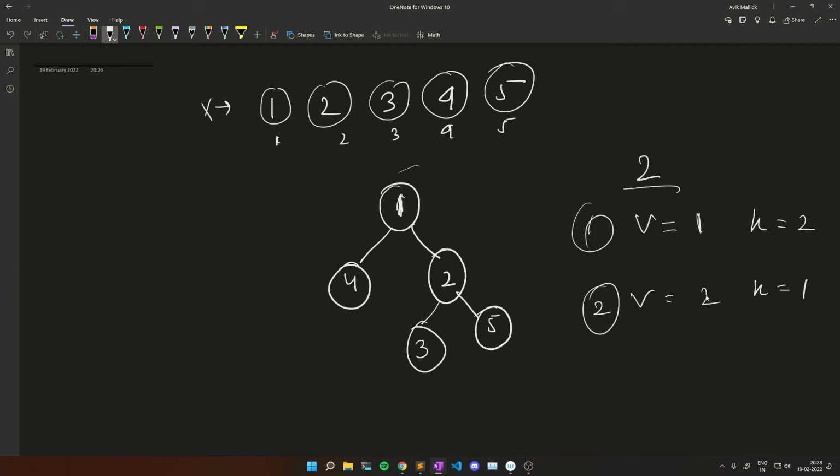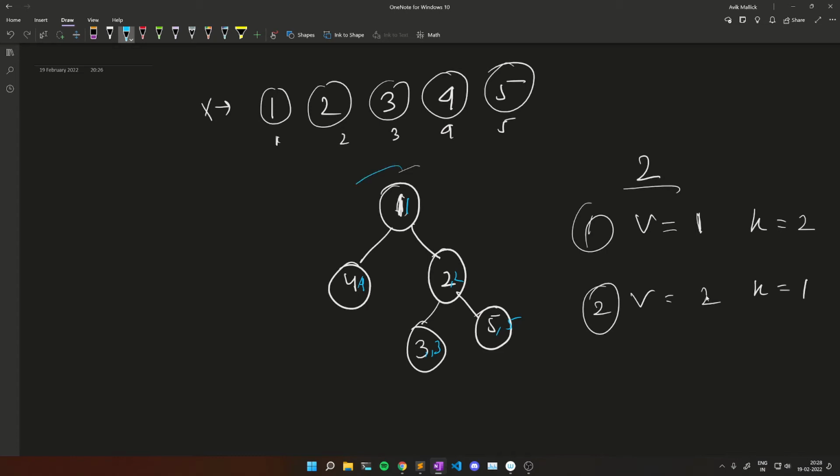The subtree from vertex 1 is nothing but the whole tree. The vertex numbers are 1 4 2 3 5, and the values written on these are also 1 4 2 3 and 5. These values can differ. It is not necessary that on vertex 1 there will always be 1, but for this test case the values and the vertex numbers are the same.